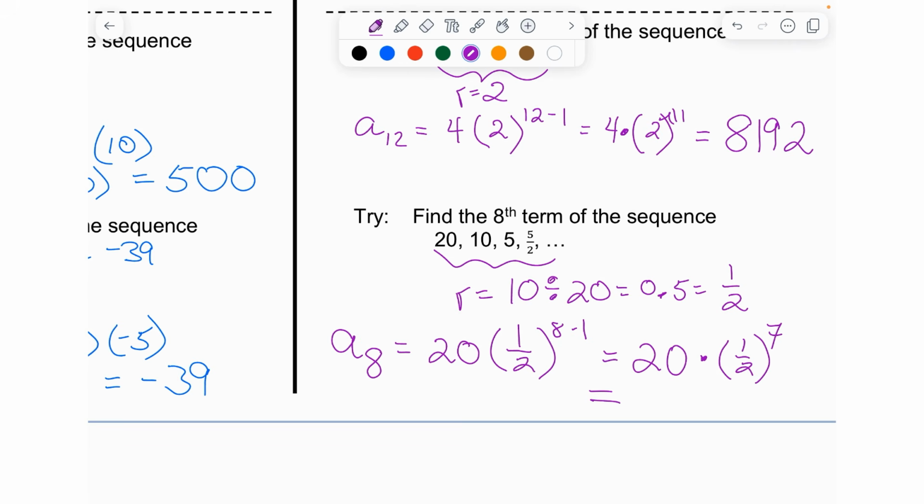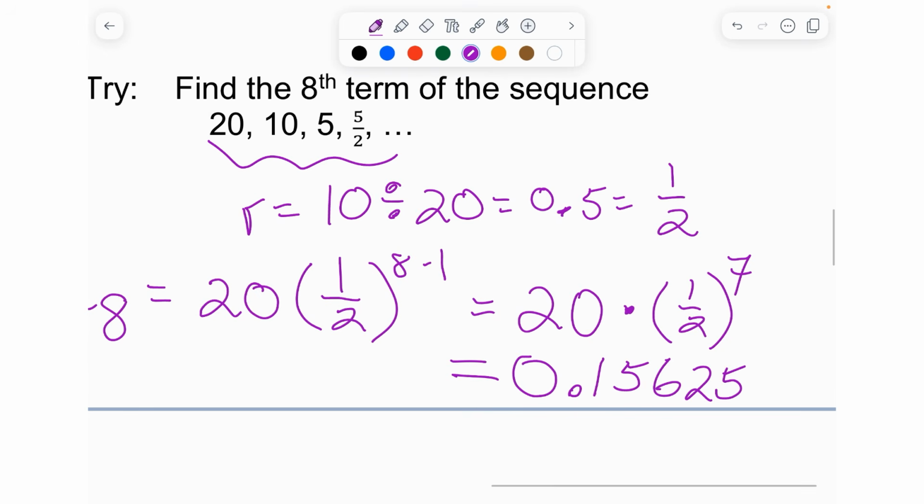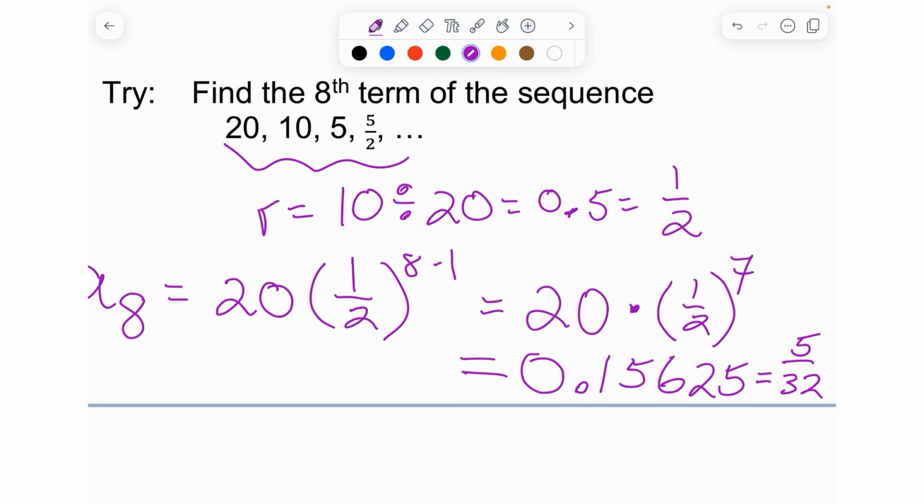If you're dividing by 2, if you're multiplying by half, numbers are just going to keep getting smaller and smaller, so it may not be a surprise that we end up with this strange little decimal, which is actually 5/32. You can write the answer as a decimal, you can write the answer as a fraction, but the eighth term is going to be pretty small.